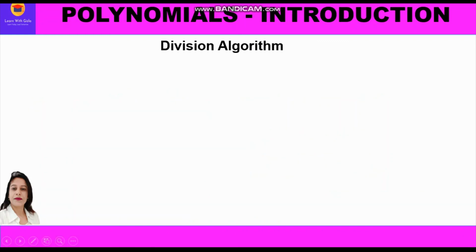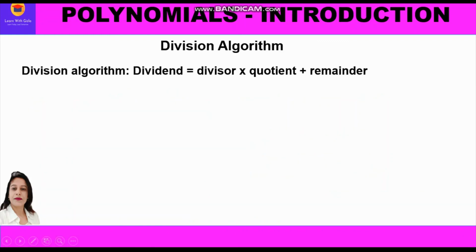Now let us study the division algorithm, according to which dividend is equal to divisor into quotient plus remainder. Now suppose we divide one polynomial by another, then this division algorithm should be satisfied. Let us take an example. Suppose we have 6x cube divided by 3x square and the result is 2x.